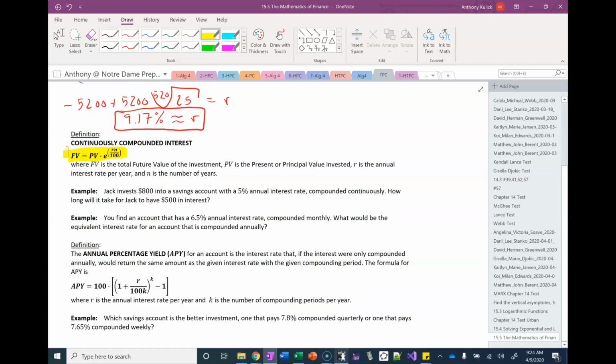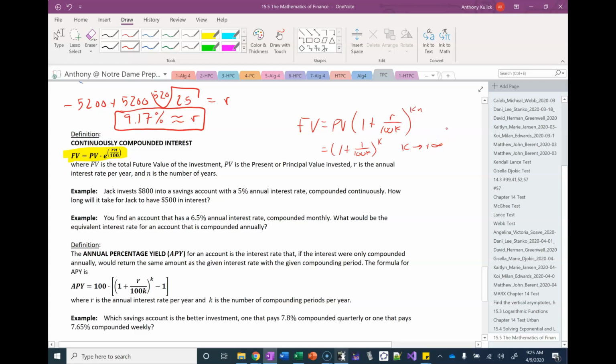So what happens then, if we take our compound interest formula and we just set everything to 1 other than k, and we look at what happens as k goes to infinity.